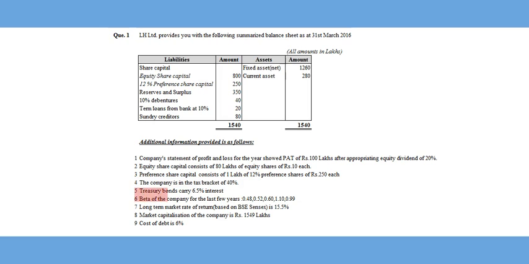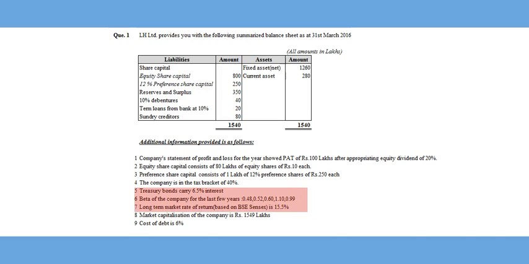5. Treasury bonds carry 6.5% interest. 6. Beta of the company for the last few years are 0.48, 0.52, 0.60, 1.1 and 0.99. 7.